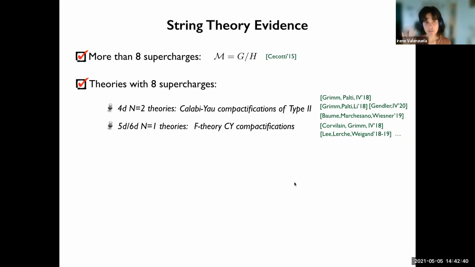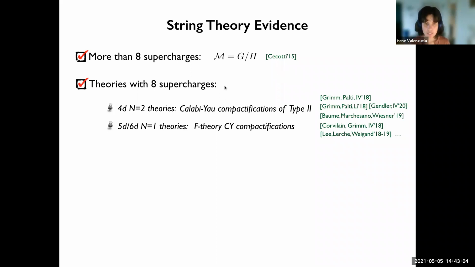So in this sense, we have followed a very, I would say, systematic approach, depending on the level of supersymmetry that we preserve. So already for more than 8 supercharges, it was proven by Cecotti years ago that it was always true, because the moduli spaces are always coset spaces. And then you can use this to prove that the BPS states will always decay exponentially.